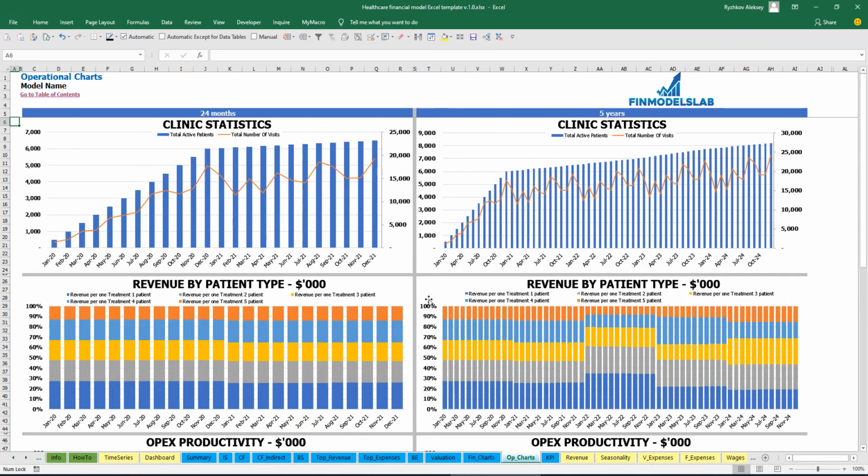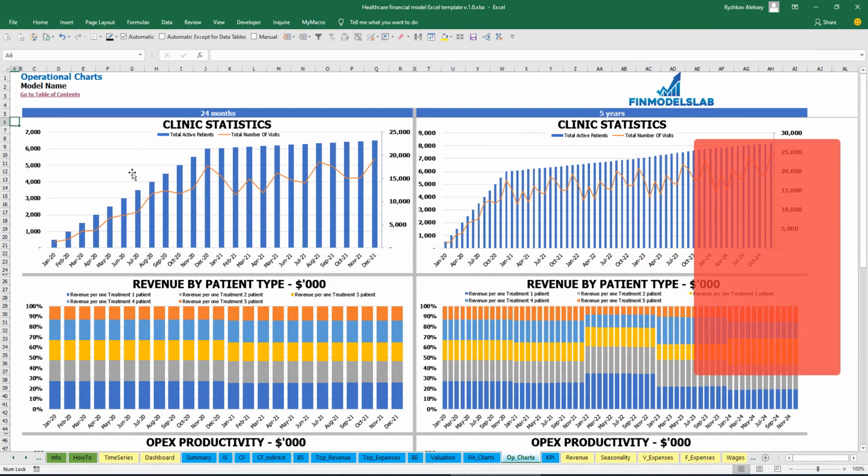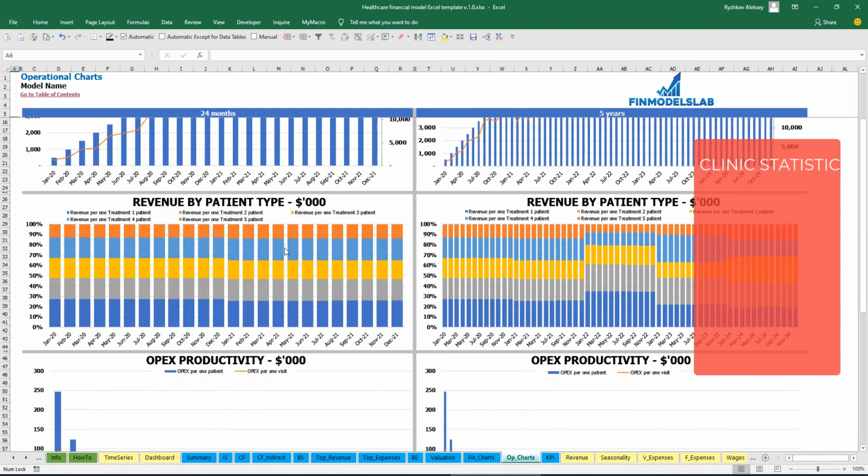On the Operational Charts tab, you can see also two sets of charts, the same breakdown by 24 months and by 5 years. On the top you may see the general clinic statistics, which is total active patients and total number of visits by months.